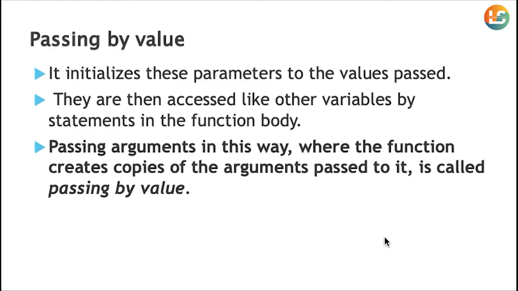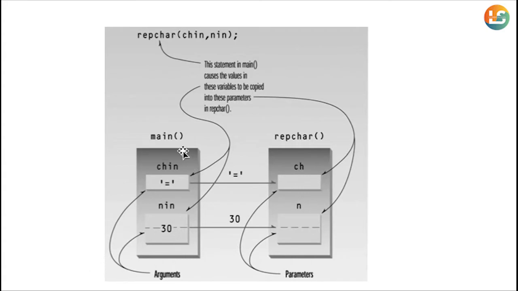If you are going to send these values by value, in the calling you just have to write the name of these variables. By writing only the names, what is the difference? A copy of these values will be sent to the function.